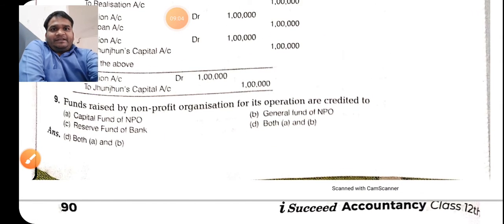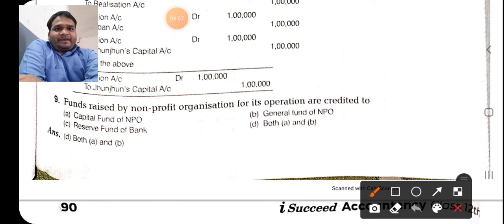Now let us understand: the funds raised by a non-profit organization for its operations are credited to what? Whenever non-profit organizations raise funds for their operations, meaning their activities, where will it be credited: capital fund, journal fund, reserve fund of bank, or both A and B?